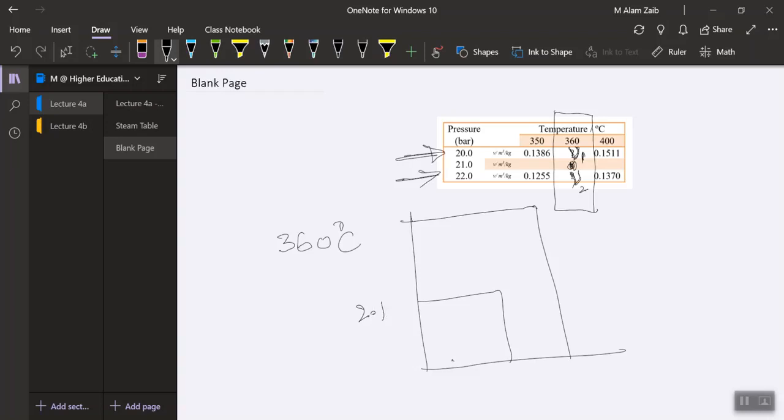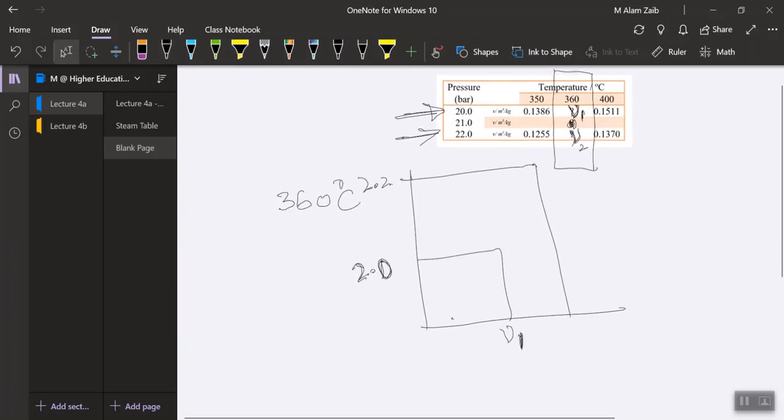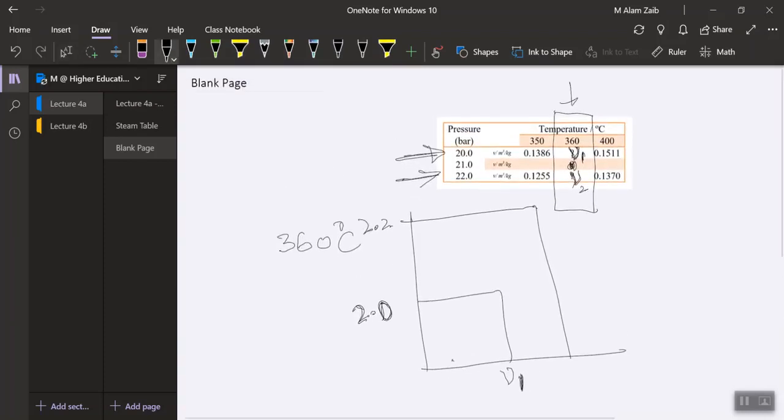2.0 megapascal is given, or we did find out, which is V1, if you remember right now. At 2.2 megapascal, we did find out the volume at 360, which is V2 now.